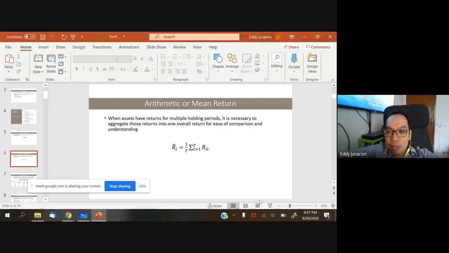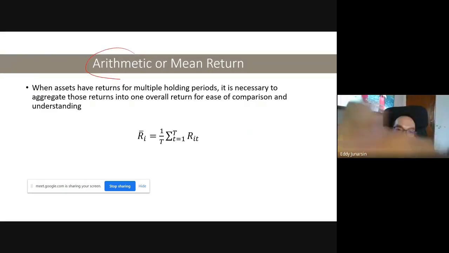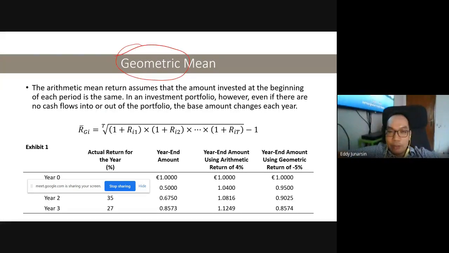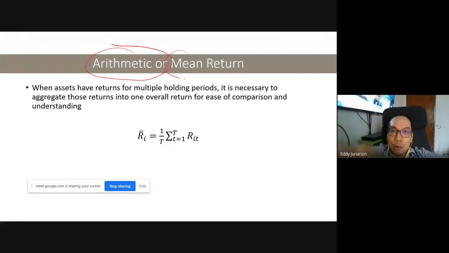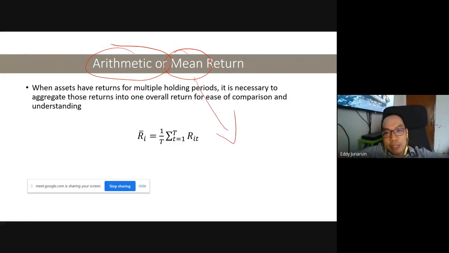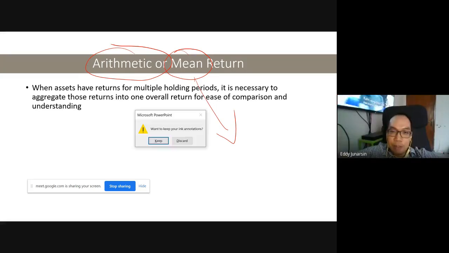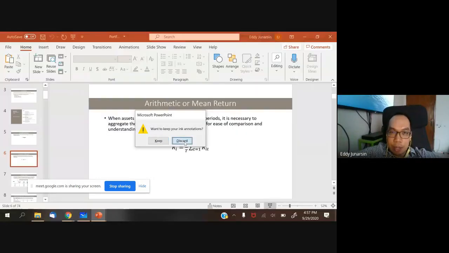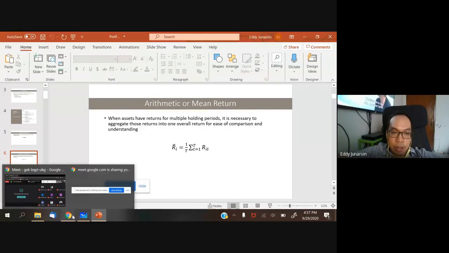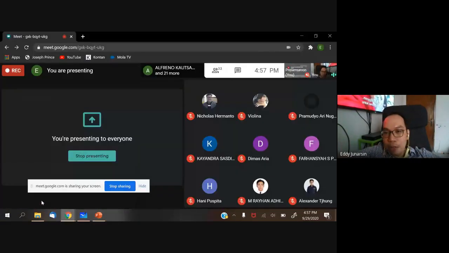Okay, so we have seen the holding period return, and now we'll talk about something very important here. We have arithmetic return and also geometric return. Mean, what is mean again? Can you tell me quickly? Anyone here? What's the meaning of mean? The average. Average, very simple. So the first one is arithmetic average, arithmetic return. This is very simple.